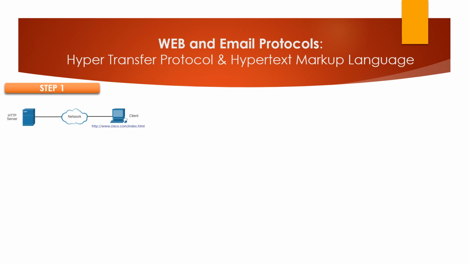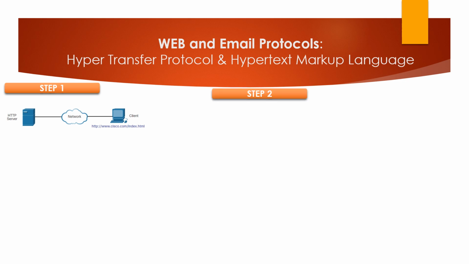In this case, we are using this address, where HTTP is the protocol or the scheme, www.cisco.com is the server name, and index.html is the specific file name requested.